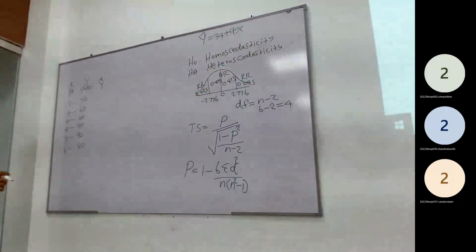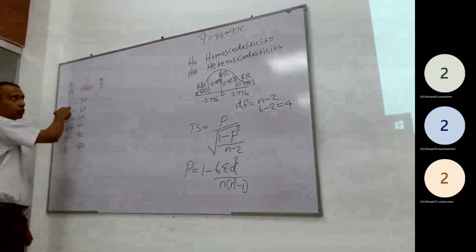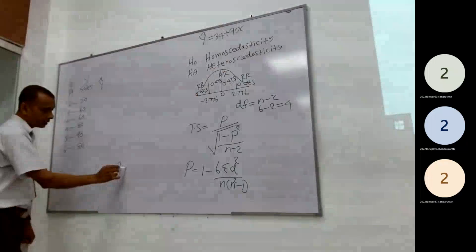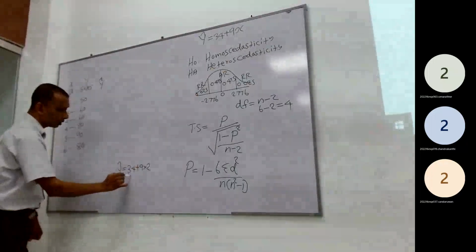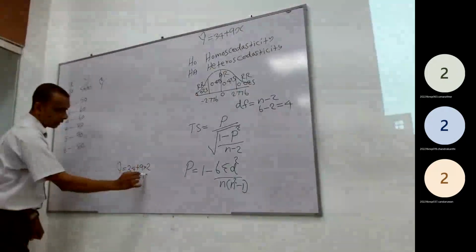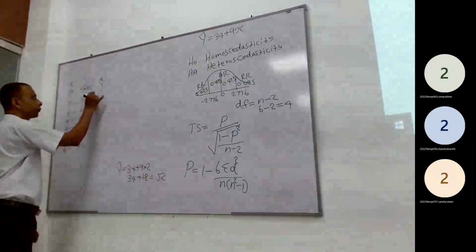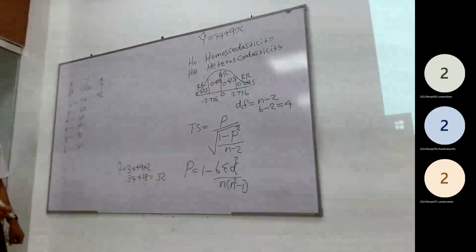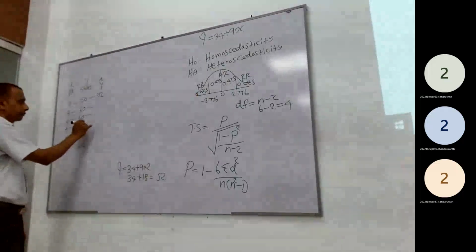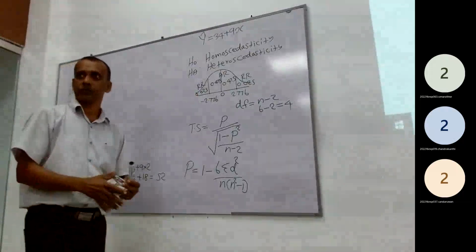Previously also we did this last week. When you substitute 2, 34 plus 9 into 2, 34 plus 18, that is 52. Last week we calculated these values.